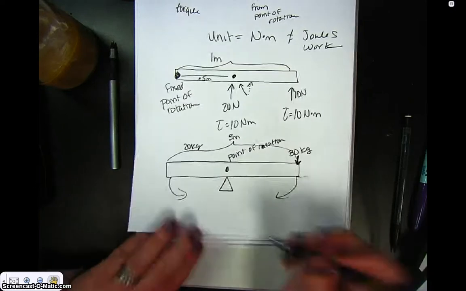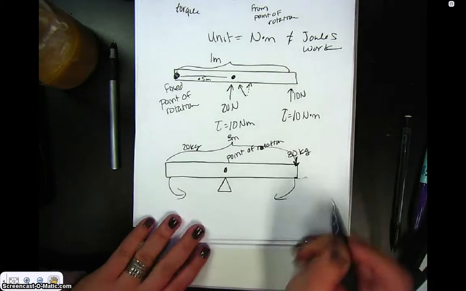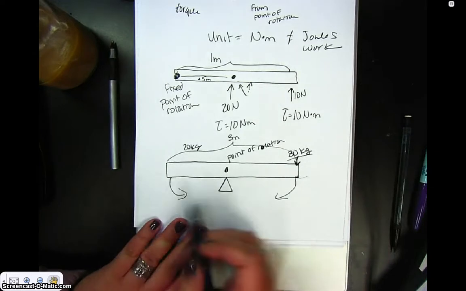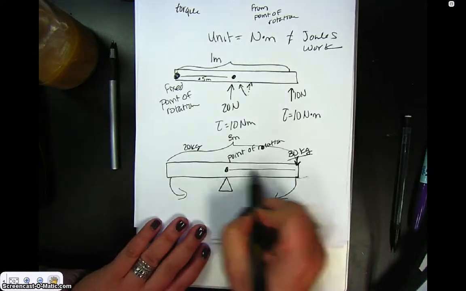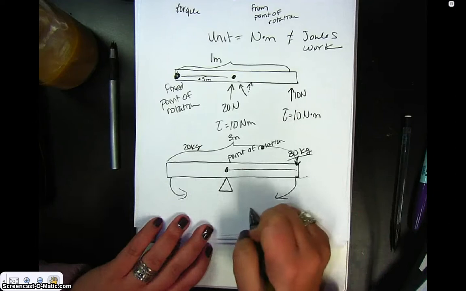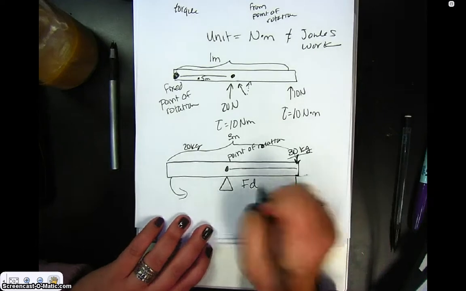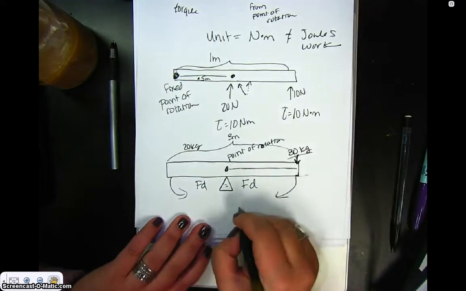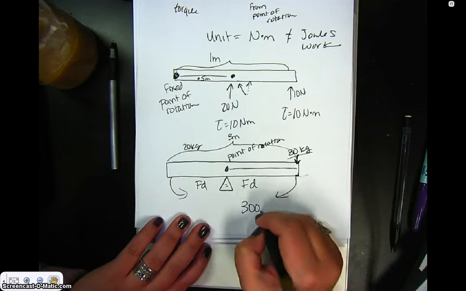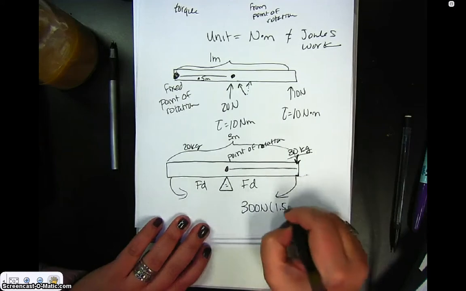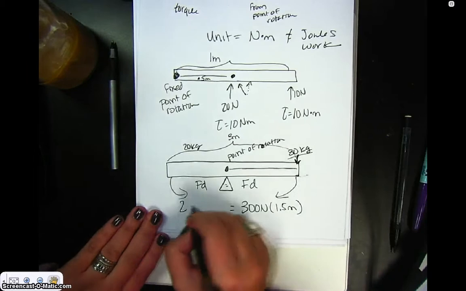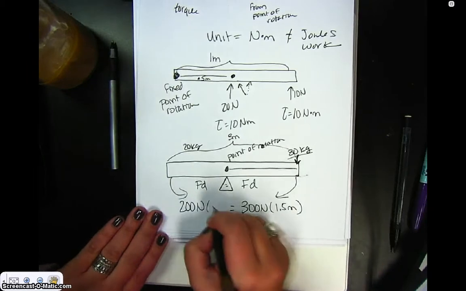So the torque on this side, the torque of this brother, would be his weight, which would be 300 newtons, times 1.5, because we said he's way at the end. So we have force times distance over here must be equal to force times distance over here. So we say 300 newtons times 1.5 meters must be equal to, over here, 200 newtons times x.